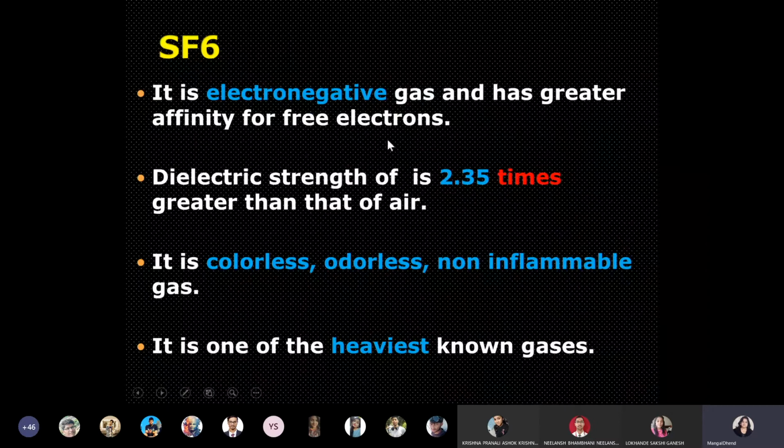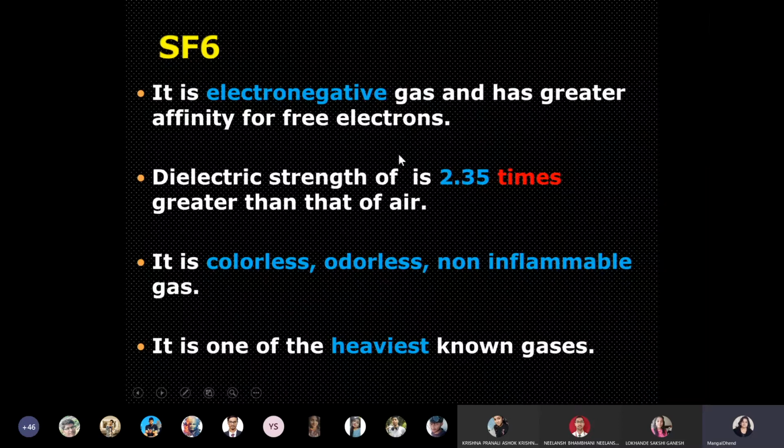Suppose you are using this SF6 gas between two electrodes, and when the insulating material starts breakdown, current will start flowing. And you know current flows when electrons start to flow, from, suppose, cathode to anode. In this case, electrons are moving from cathode to anode, meaning current has started moving.